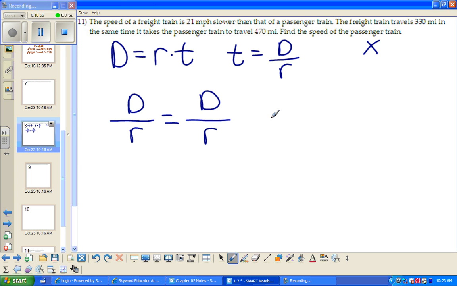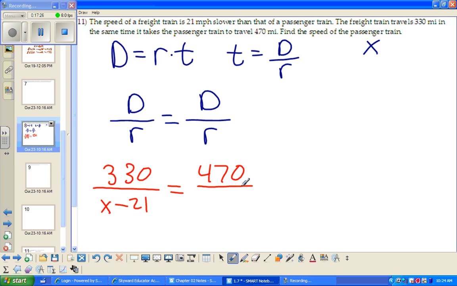Since the freight train is 21 miles per hour slower than the passenger train, that's going to be the rate. The freight train traveled 330 miles, so that's the distance. So the distance 330 divided by the rate of x minus 21 is going to equal the distance of 470, that's the passenger train, divided by the rate of x. I'm going to cross multiply.